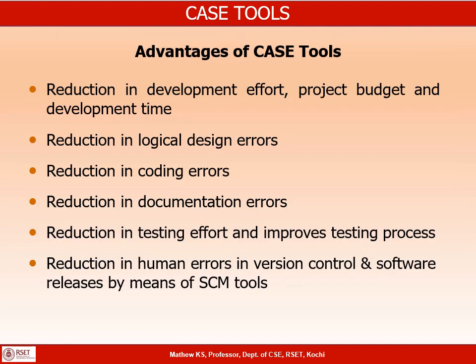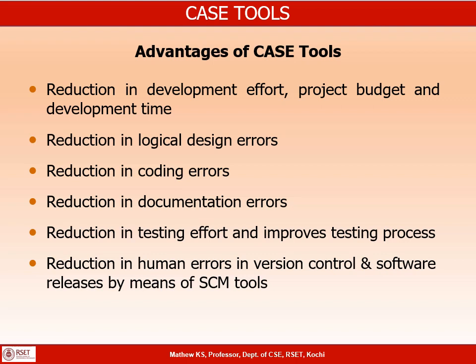So what are the advantages of using CASE tools? Reduction in development effort, project budget, and development time. Reduction in logical design errors: when you automate some of the activities, it reduces errors in the design. Similarly, when you generate the code using automated tools, it also avoids common syntax errors, because the code generator is tested and proven software.